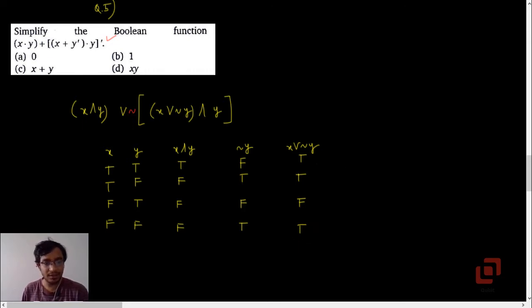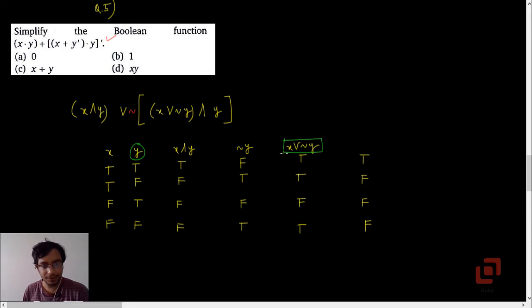Now we need to take this particular proposition in conjunction with y. So what will that be? That will be T, F, F, F, correct?